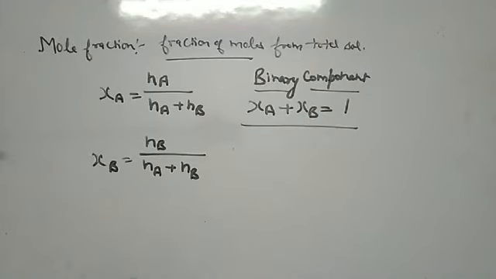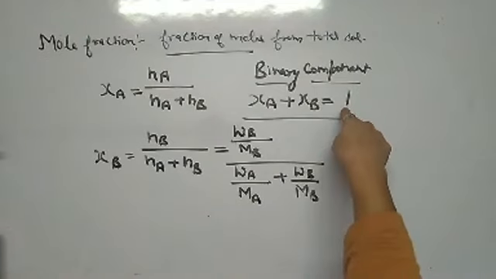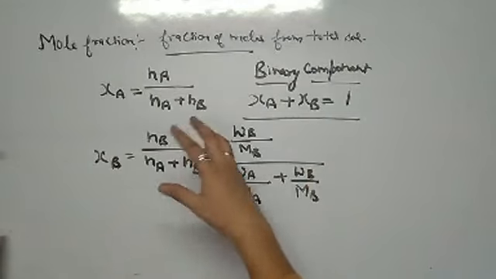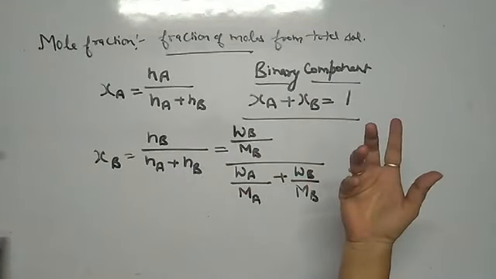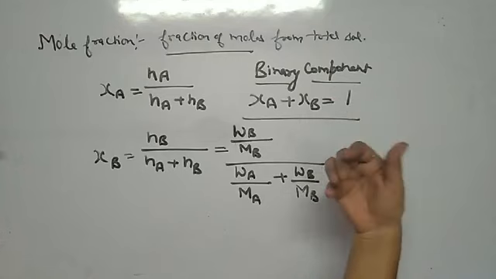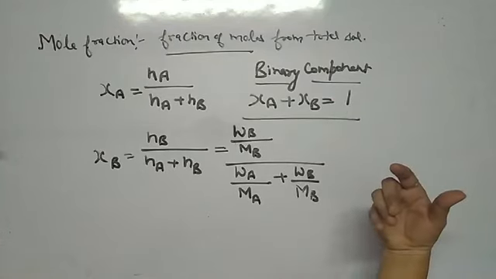So if the total mole is 1, then what will be the fraction of solute and solvent? Here 1 is considered as the whole solution. It contains solute and solvent. Is it clear?